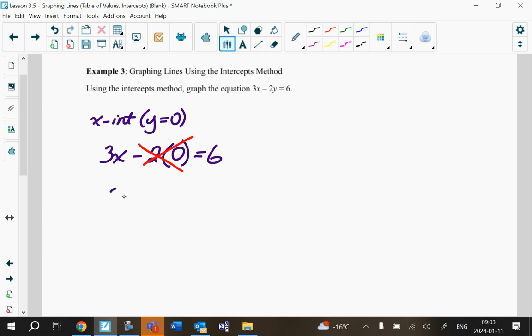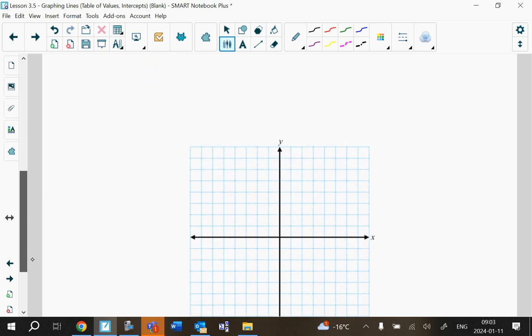So that means it crosses the x-axis at 2. So go to your x-axis, find 2, that's a point. That's the x-intercept.